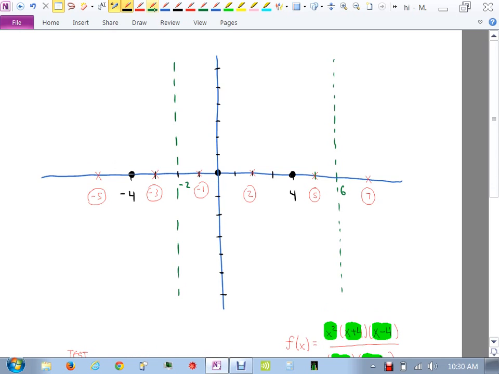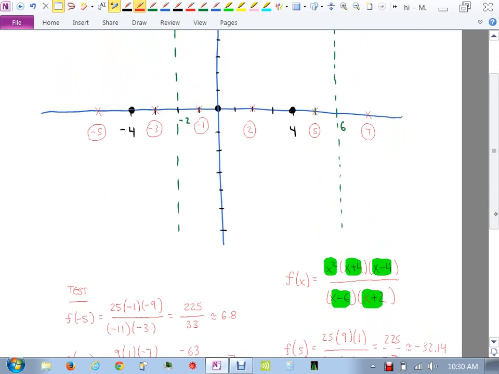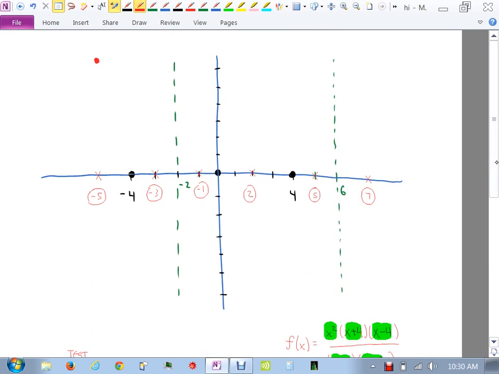I think I'll do the graph in red. Can I count each of these tick marks by 2? 2, 4, 6. Is that all right with y'all? Okay, so I'm going to make that 6.8 here. At -3, we're at -7, somewhere around here.